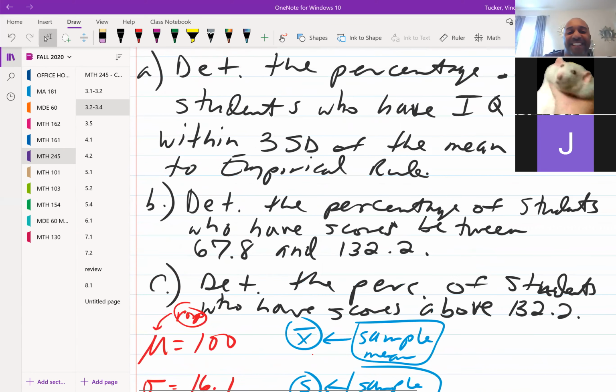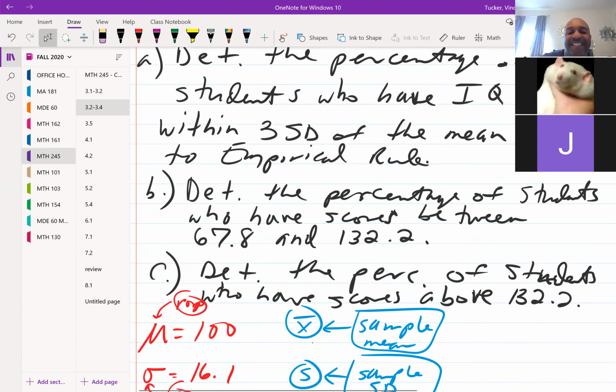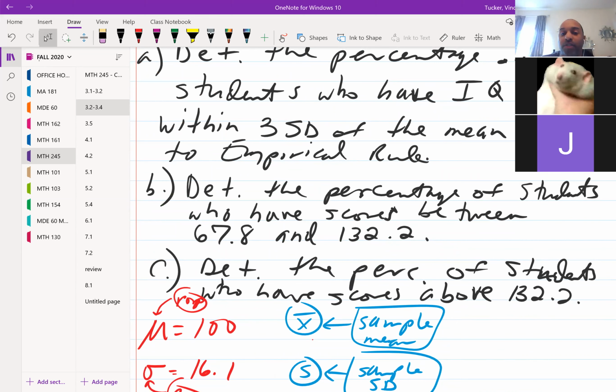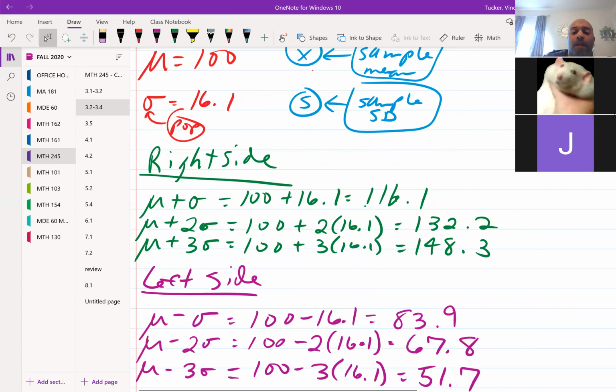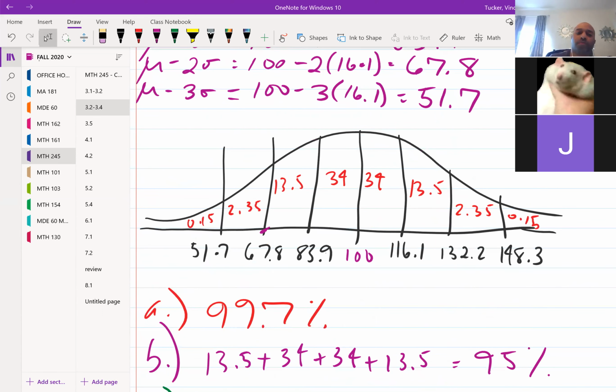Right. So now this next one depends on our calculation. Determine the percentage of students who have scored between 67.8 and 132.2. So 67.8 is right here, and 132.2 is right here.